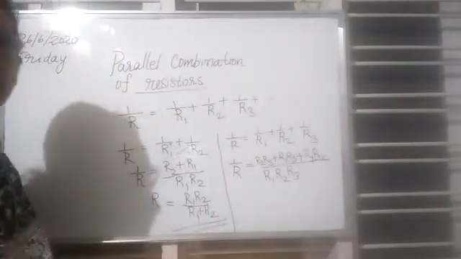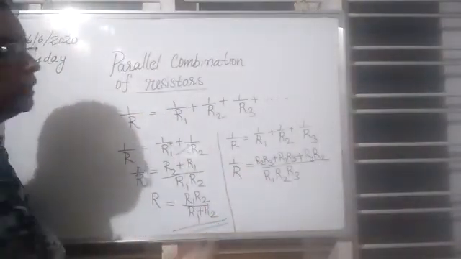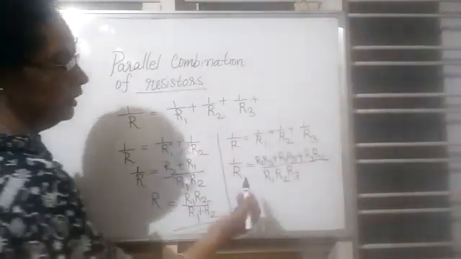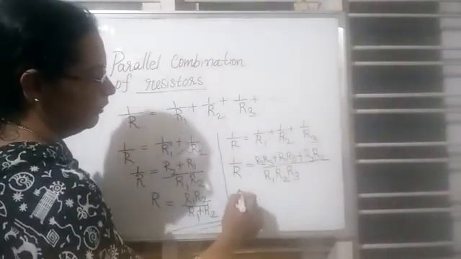So this we got for the reciprocal of effective resistance if there are 3 resistors. We can arrange it neatly, properly.